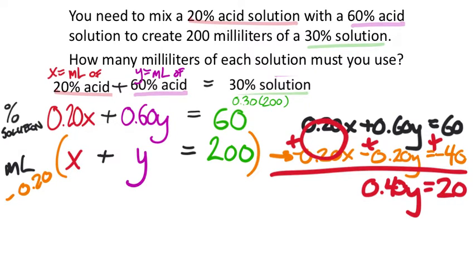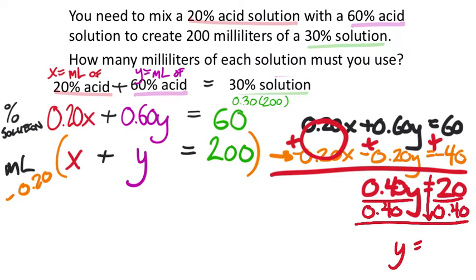Last of all, to solve that, I just want y equals, so I'm going to divide both sides by 0.40. So 20 divided by 0.40. My calculator gave me 50.